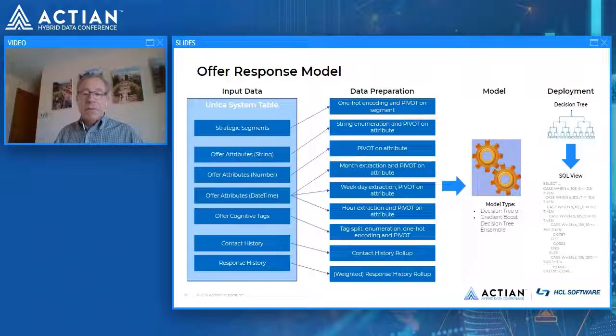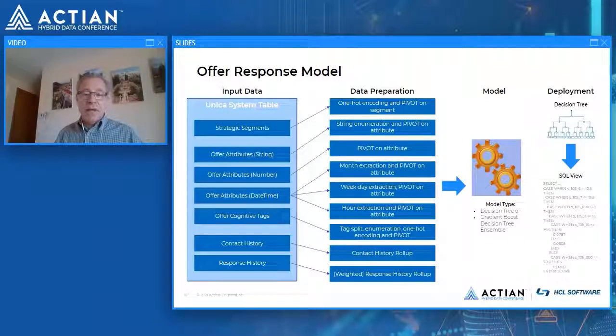The data that we have to work with, in this case, we have Unica segmentation membership. We have various offer attributes of different types: strings, numbers, dates. We have cognitive tags that we received from AI tagging services, and then we have contact and response history.